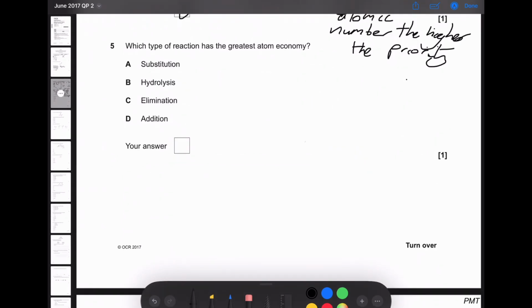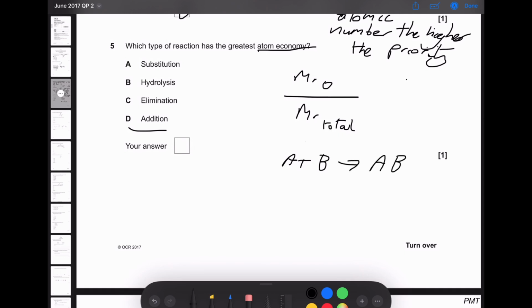What type of reaction has the greatest atom economy? So how do we define atom economy? It's the Mr of our desired products over our total Mr. So looking at our options, well, addition stands out because addition, all we're saying is some molecule A plus some molecule B gives us AB and nothing else.